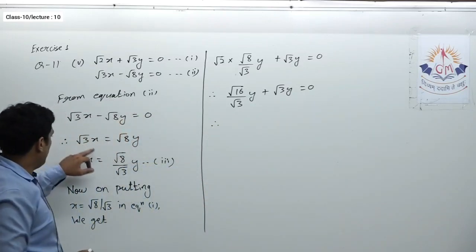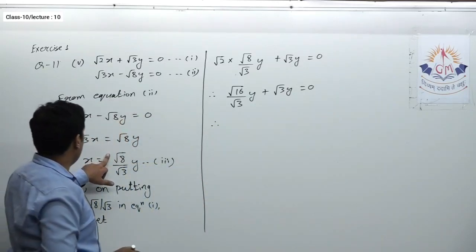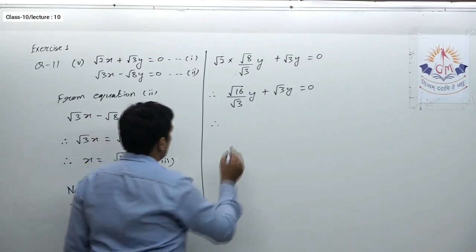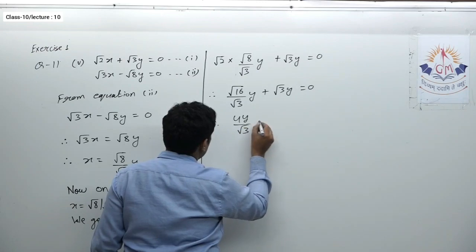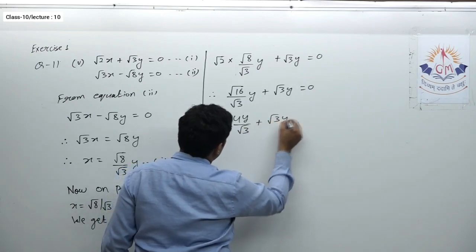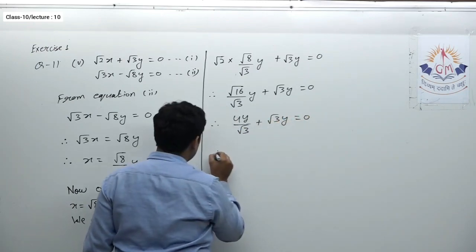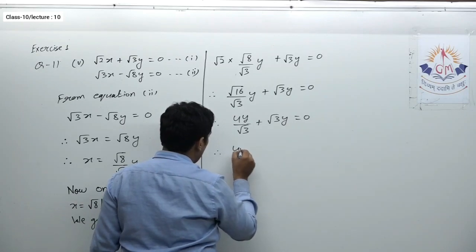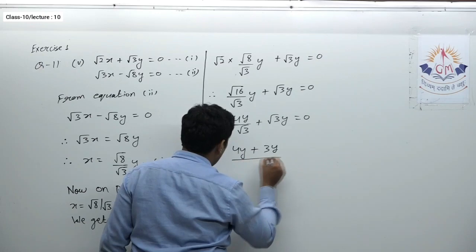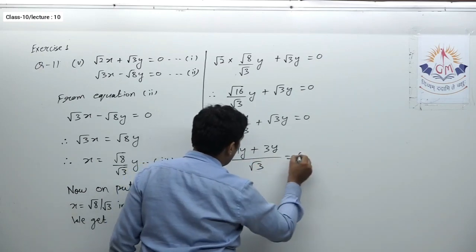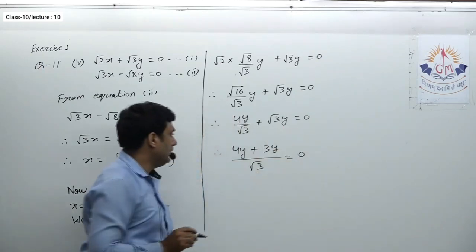So this will become 4y upon root 3 plus root 3y is equal to 0. Okay, so I can write 4y plus 3y upon root 3. Here actually I took the LCM of 1 and root 3.